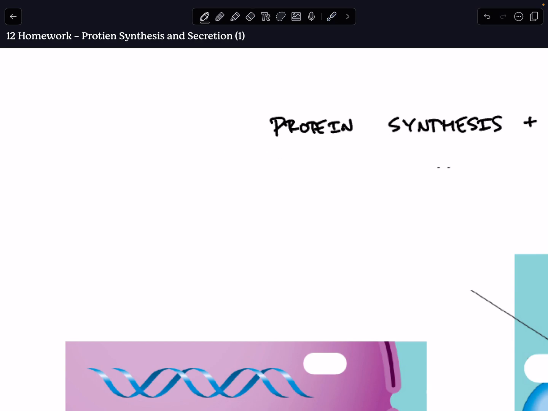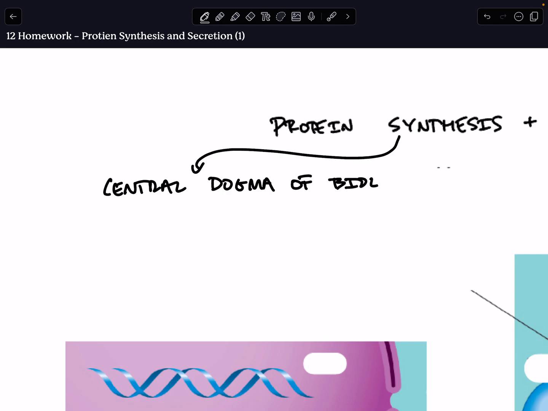Protein synthesis is what we call the central dogma of biology. It's the flow of information from DNA to RNA to proteins.